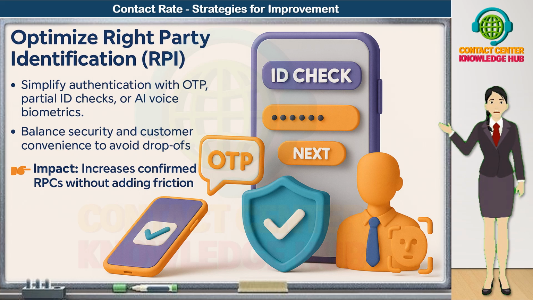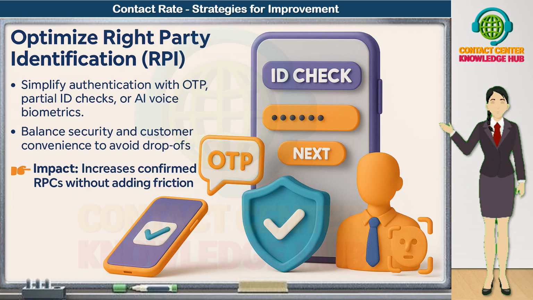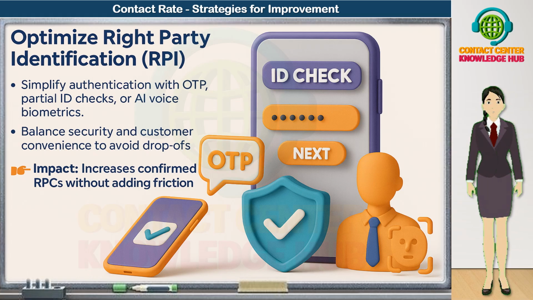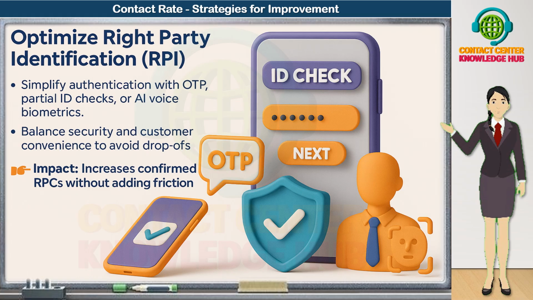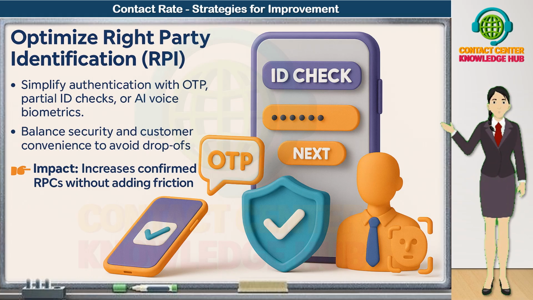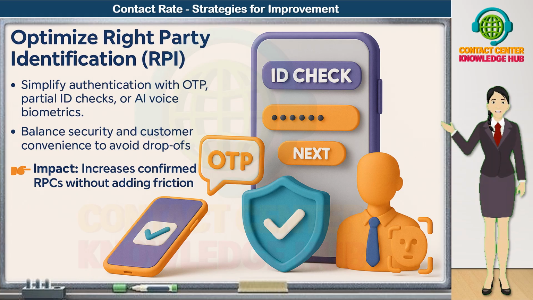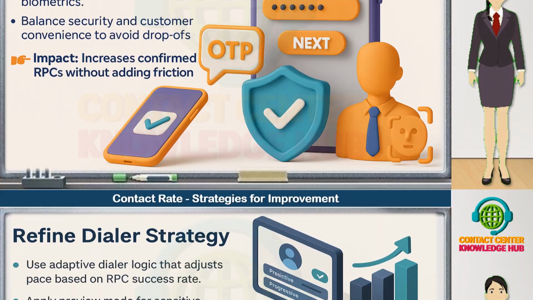These methods reduce manual effort for agents and make the experience smoother for customers. An ideal RPI flow finds the perfect balance: strong enough to protect data privacy, yet seamless enough to maintain engagement. Impact: a well-optimized RPI process increases confirmed right-party contacts, without adding friction or losing customer trust.